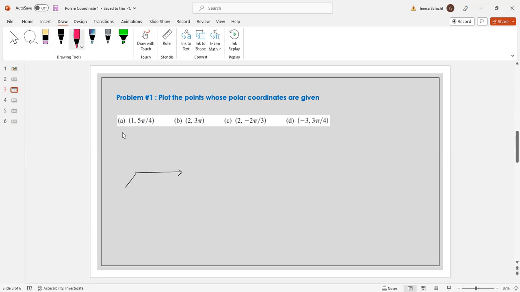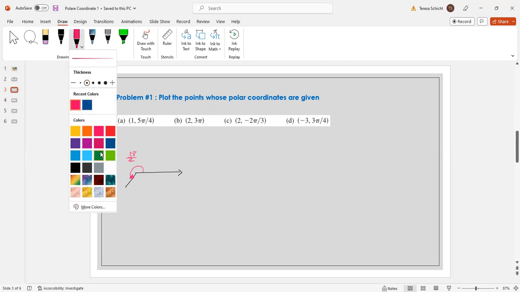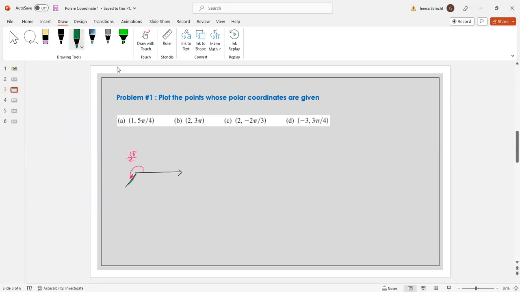From here to here, the angle is 5 pi over 4 because we swing counterclockwise. And what is the 1 here? It is this distance. This distance is 1. So this point is (1, 5 pi over 4).